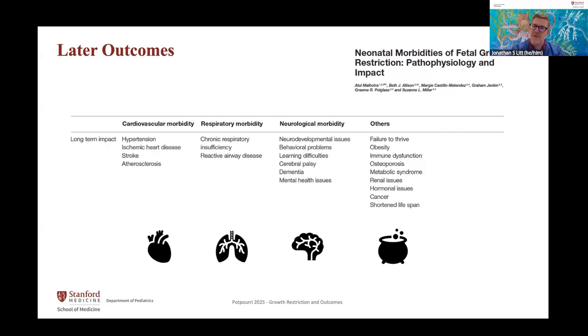There can be immune dysfunction and dysregulation, problems with bone health, metabolic syndrome, which we'll talk about again, renal issues, hormone problems, some reports of higher cancer, although that's a bit unclear. And then shortened lifespan, that is also a bit unclear, and I think is quite confounded by the other chronic health problems that I've noted.